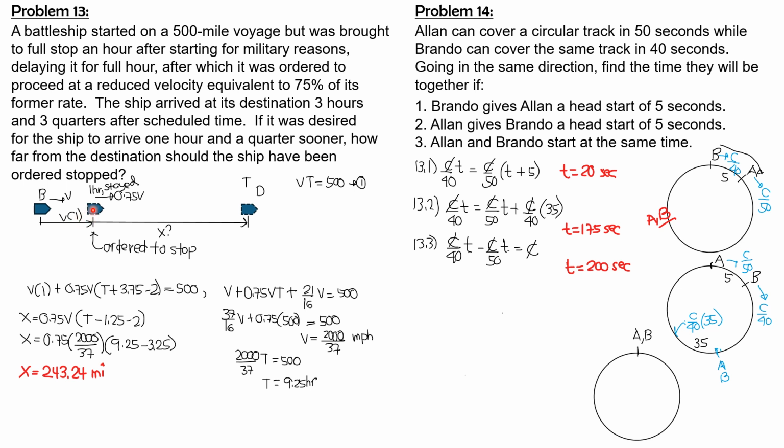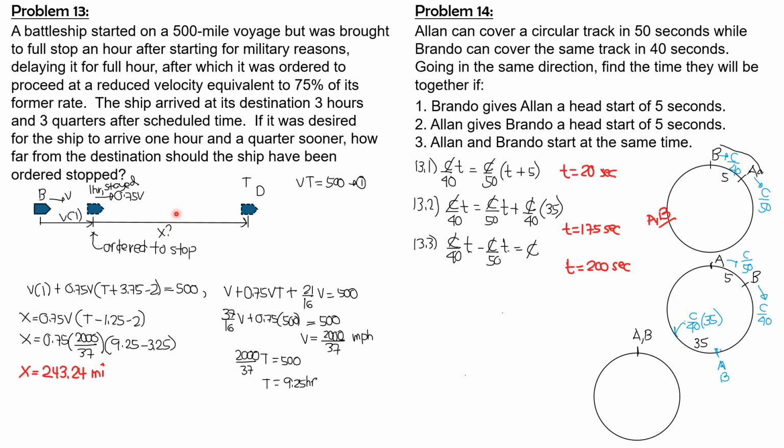And take note that at this position, it was delayed for 1 hour. So the total time here before it proceeds with 75% of its former speed, or normal speed, is 2 hours. The expected time of arrival at the destination is t, and we're looking for this distance x.